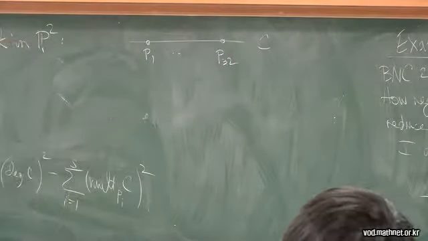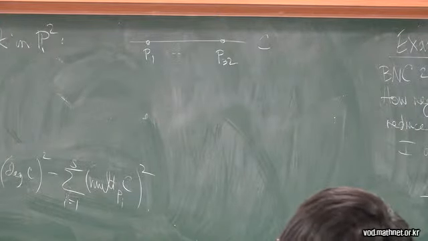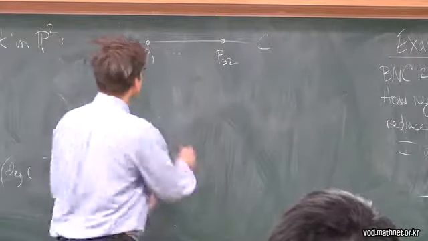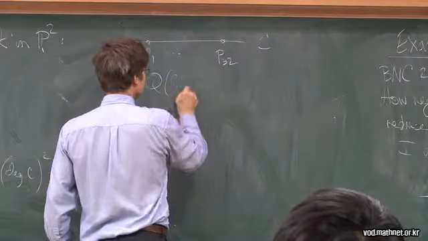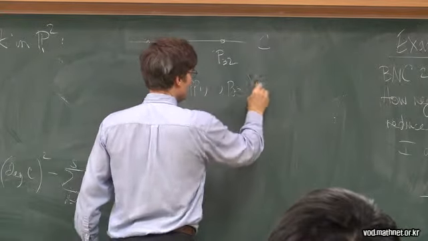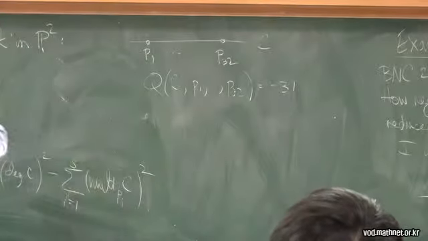Obviously, if you want to make it as negative as possible, you want all the points to be on the curve. You're wasting the point if it's not on the curve. So I put all of them on the curve. And in this case, what we get is negative 31.